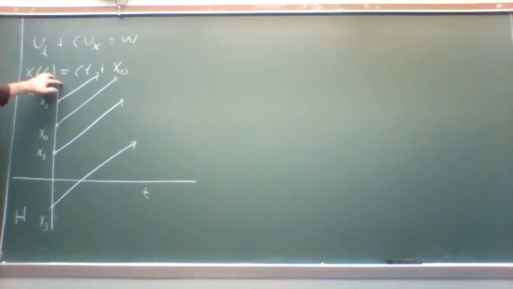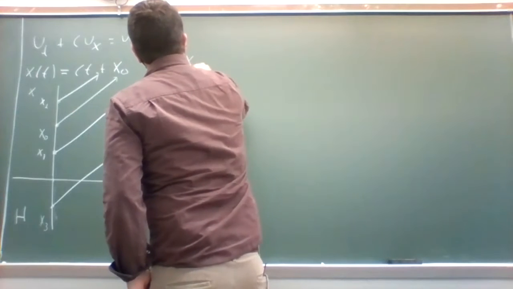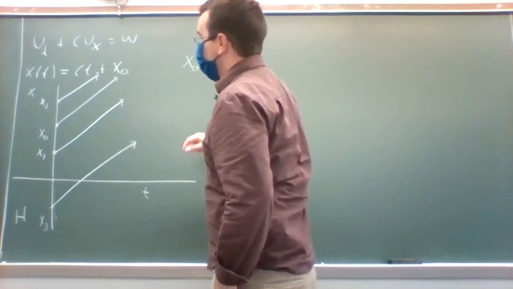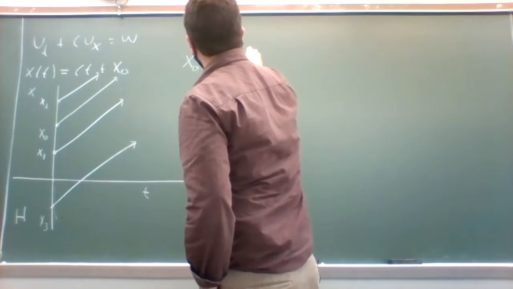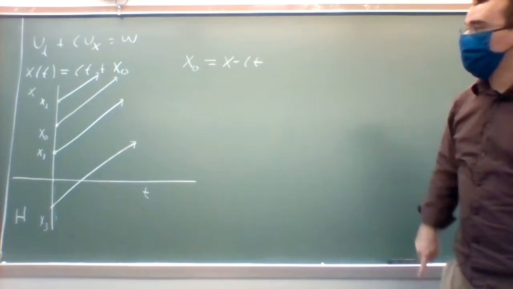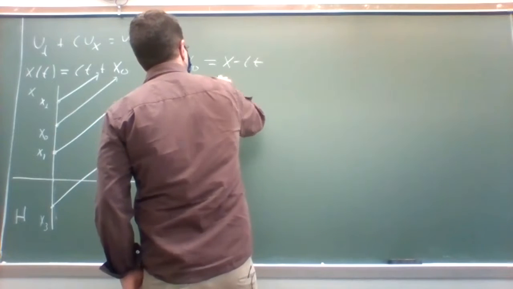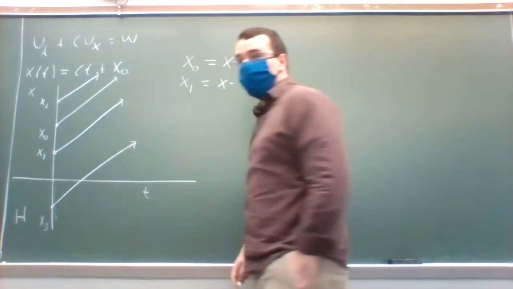And you can take this equation and solve it for x naught or x1 or x2 or x3, whatever. We note that x naught is x minus ct. And of course, the same is true for x1 or x2 or x3, and so on and so forth.